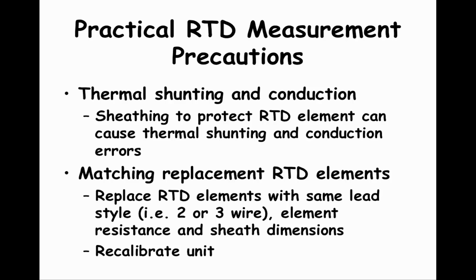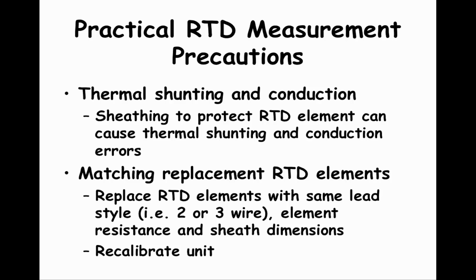Two other measurement issues with RTDs are thermal shunting and conduction. The sheathing that protects the RTD element makes the sensor larger, which can lead to thermal shunting. The sheathing can also increase heat conduction errors. Finally, RTD sensor elements are not exactly alike.